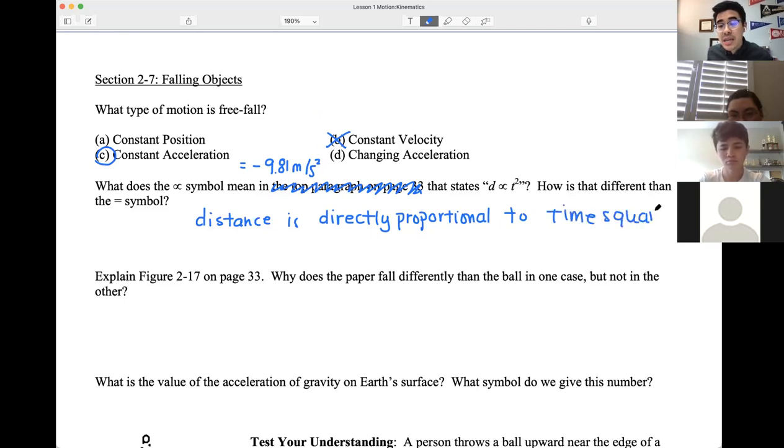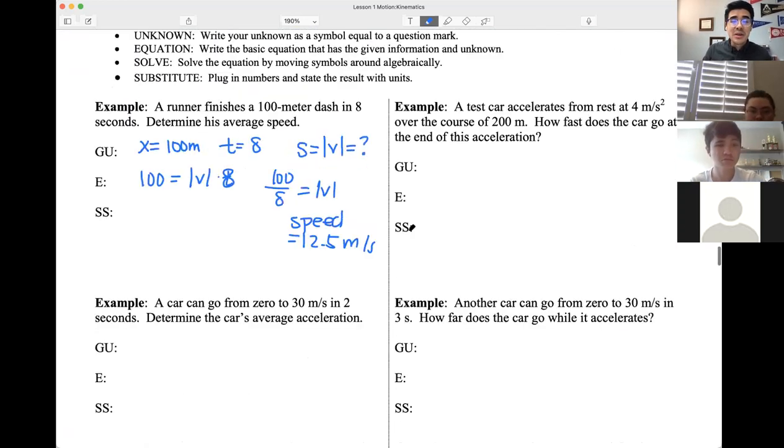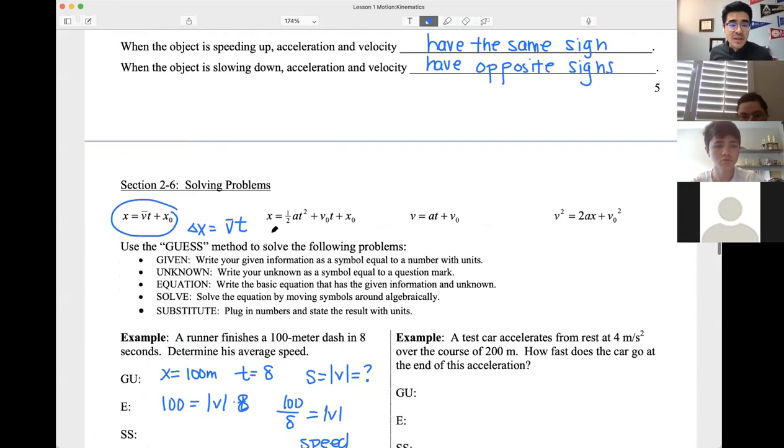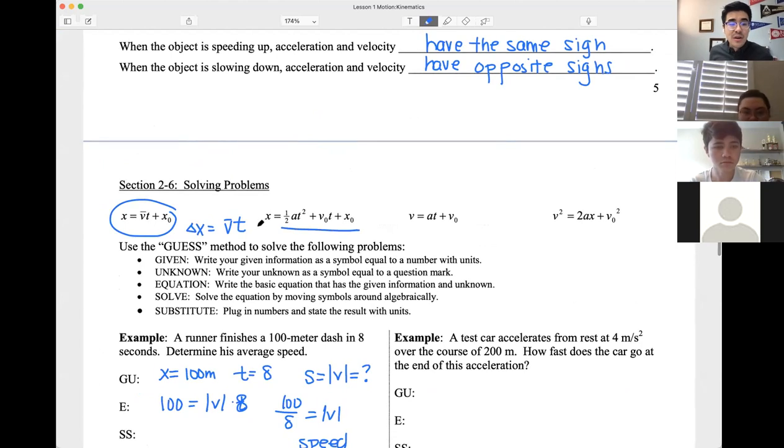Whenever you see something that is directly proportional to something, that means we can write it as an equation: d is equal to some number, this k, times t squared. This is the equation that we're going to be using, and this should look really familiar. We can use this equation for free fall.